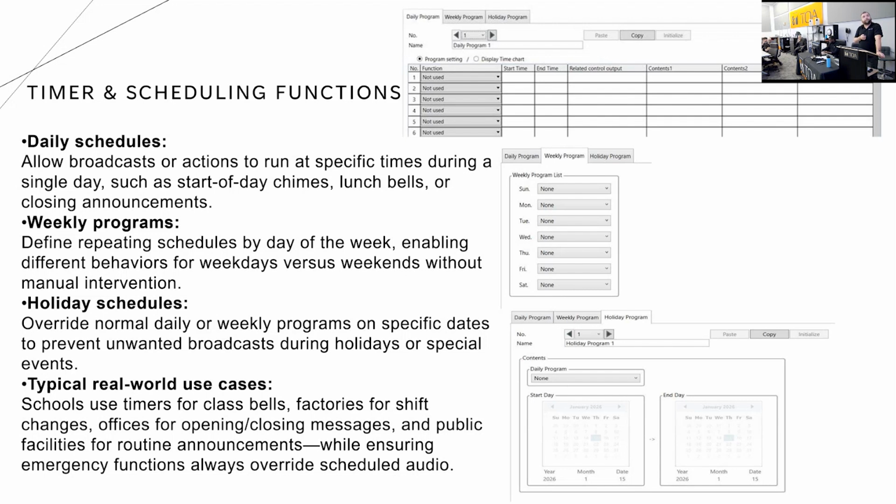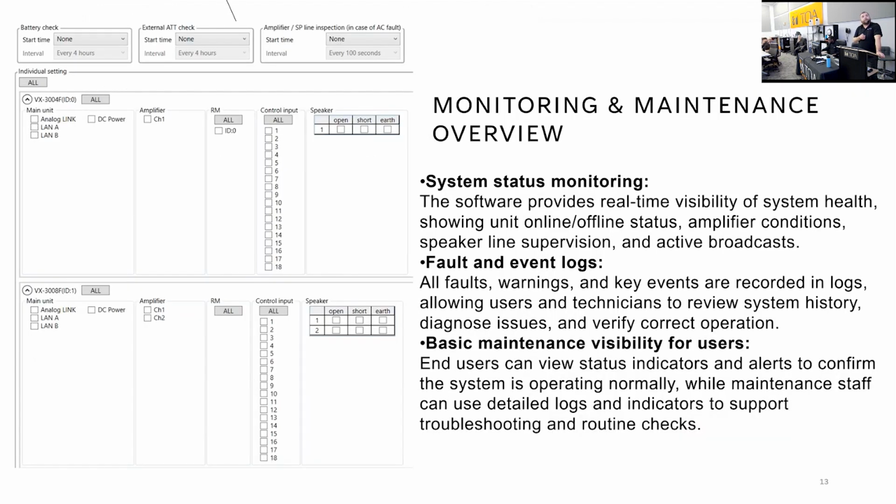Okay, let's go to the next. So this is the monitoring and maintenance overview. On this page of the software, you can assign a monitoring status for different aspects of the system. You can assign the analog link and LAN A and B monitoring.